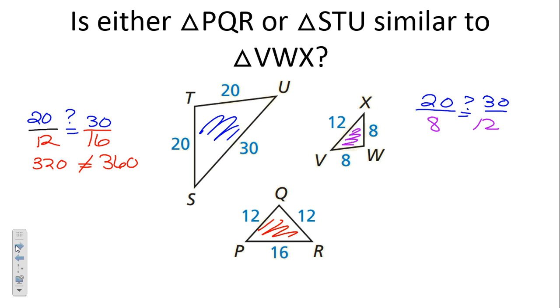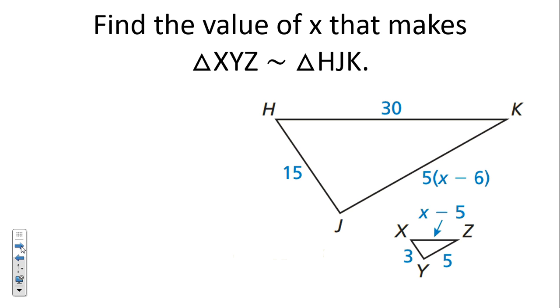What do we get? Dividing them out, you get 2.5 equals 2.5. We cross multiply, we get 240 equals 240. It all works. That's just like some of the very first problems you'll see. Good. I like to hear easy. Okay? Yep, that's exactly like the homework.